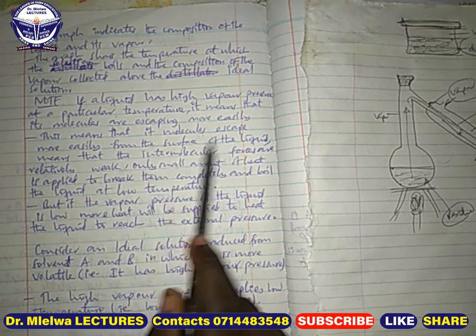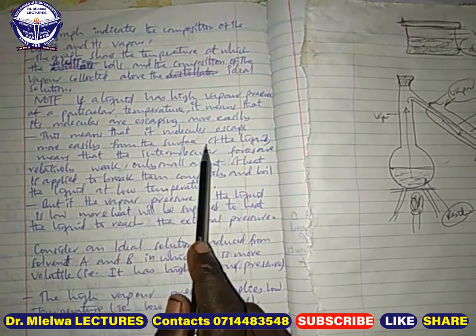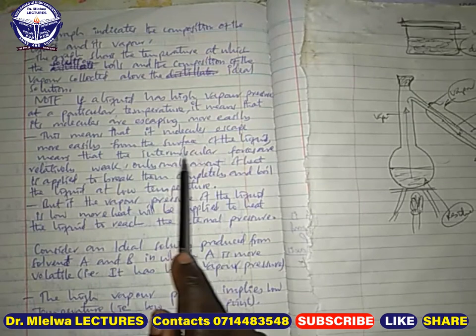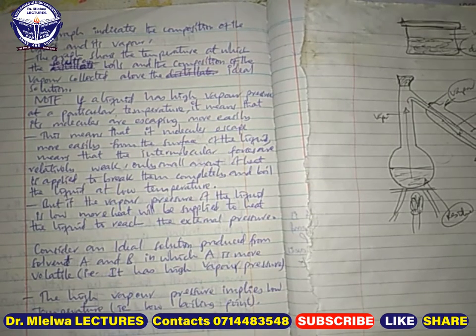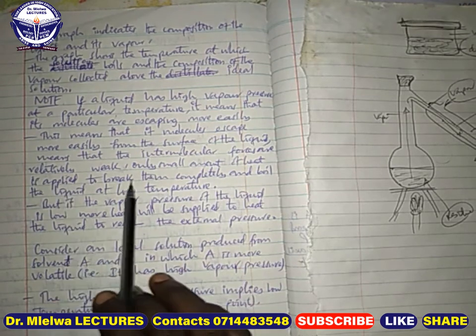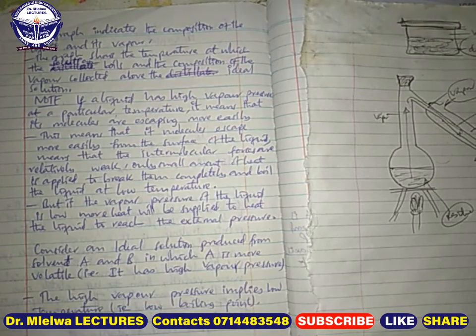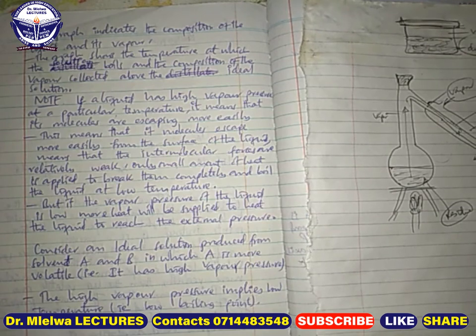If molecules escape more easily from the surface of the liquid, it means that the intermolecular forces of attraction at the surface are relatively weak. Only a small amount of heat is applied to break them completely and boil the liquid at low temperature.